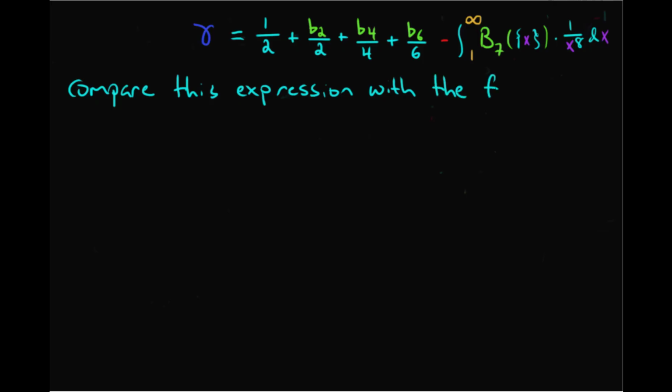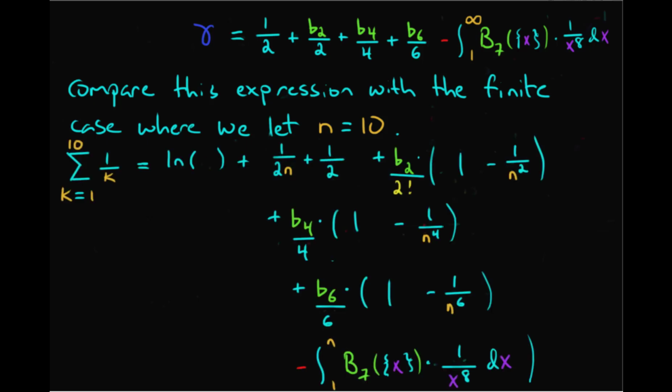formula. And the idea here is now to compare the above equation, which is really the limiting case where we let n go to infinity, with a simpler finite case where we'll just set n equal to 10. And so if we set n equal to 10 in the Euler-Maclaurin summation formula for our function f of x equals 1 over x, I can just plug in 10 for n in all the places that n showed up in that formula.